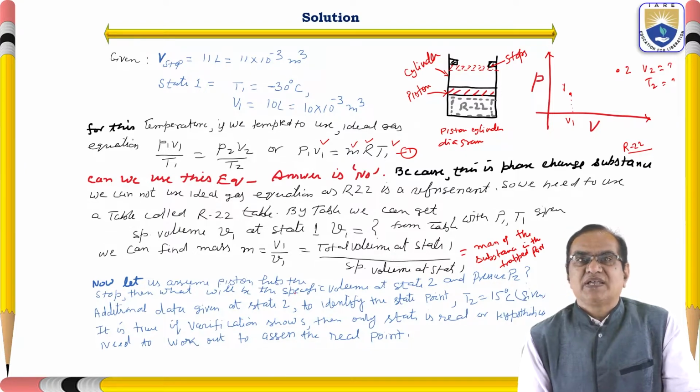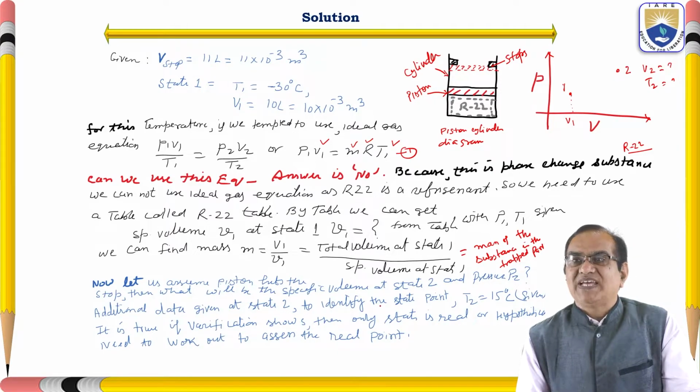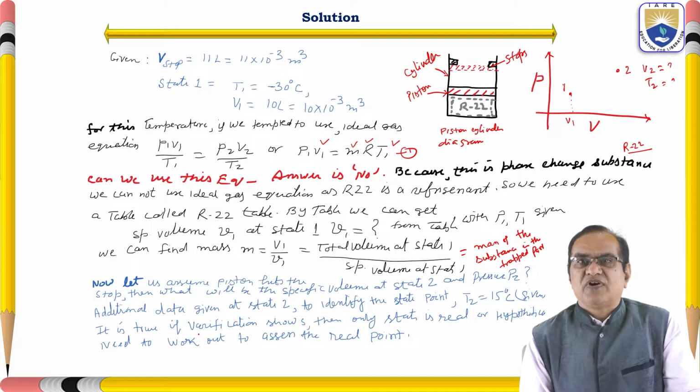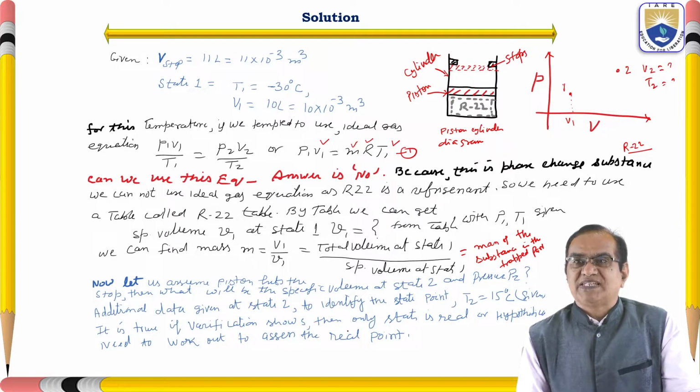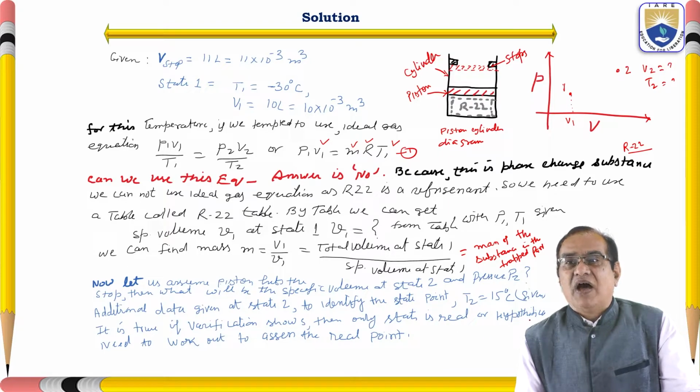Here additional data is given at state 2 to identify the state point: T2 is equal to 15 degrees centigrade. It is given. Verification will show whether the state is real or hypothetical.